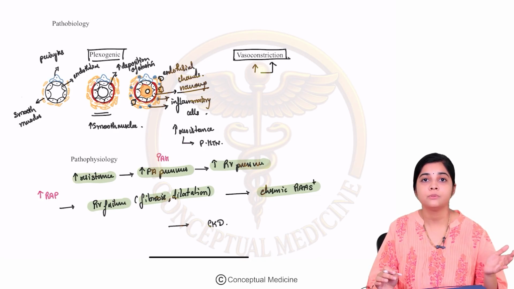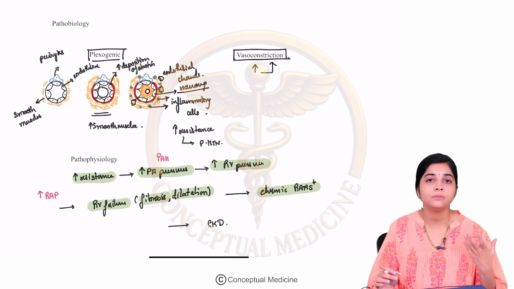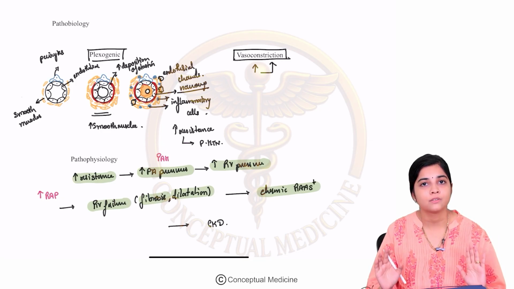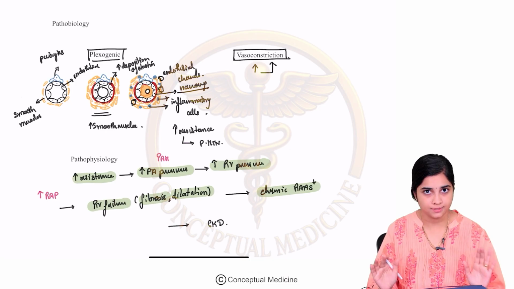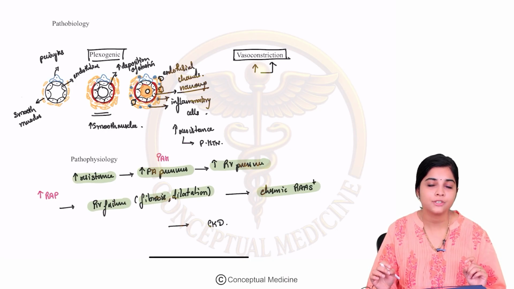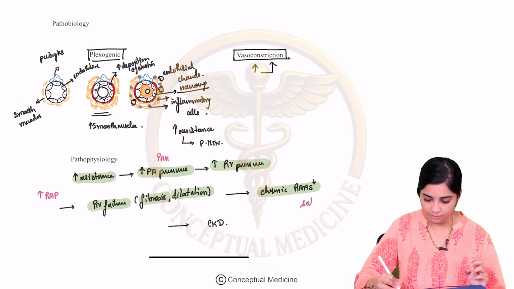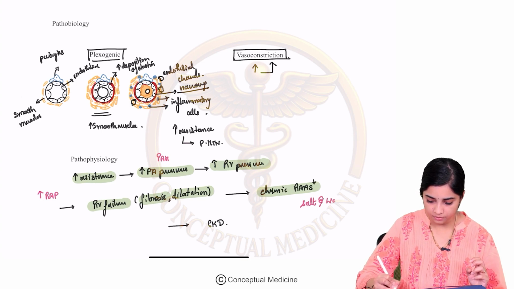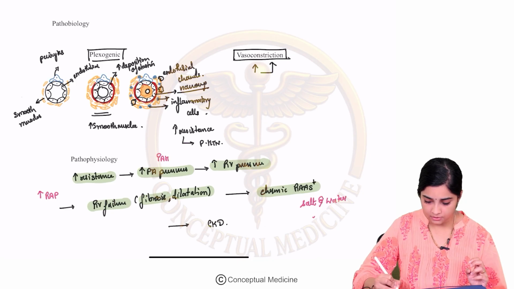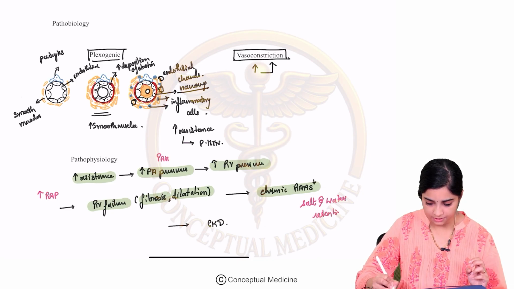It recognizes that there is not adequate pumping and that our body is not in a volume sufficient state. Hence, chronic stimulation of the renin-angiotensin-aldosterone system is going to cause salt and water retention.